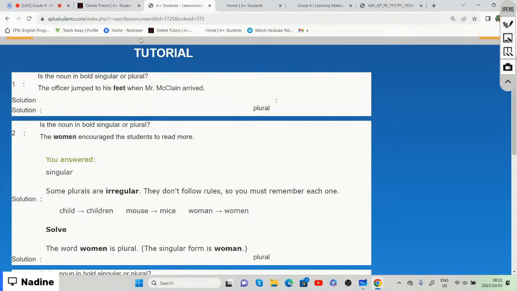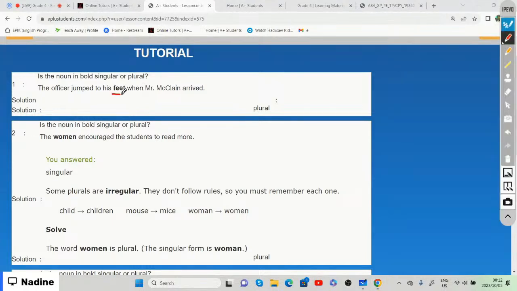The officer jumped to his feet when Mr. McLean arrived. So feet, is feet singular or is feet plural? We need to say if the word feet is singular or plural.